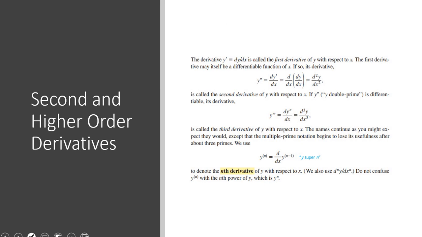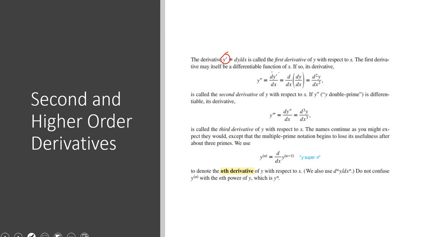Next, we're going to talk about second and higher order derivatives. The derivative of y, y prime, is equal to dy/dx, and this is called the first derivative of y with respect to x. Now, you don't just have to stop there. You can actually take a derivative of a derivative, as we see here.